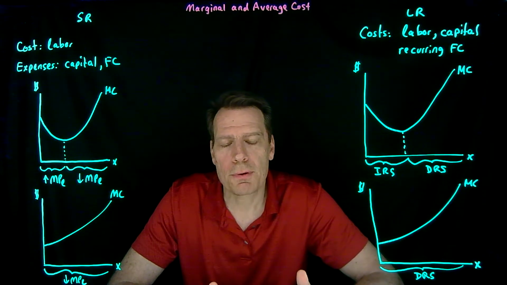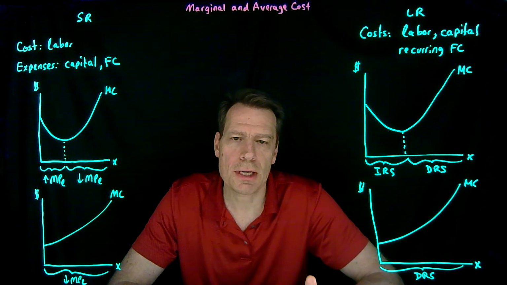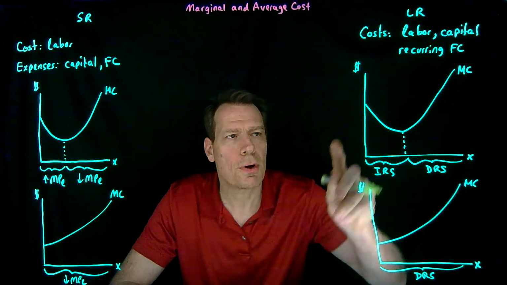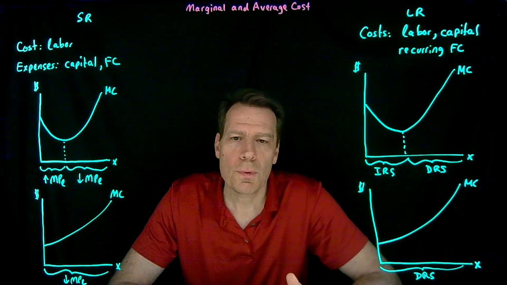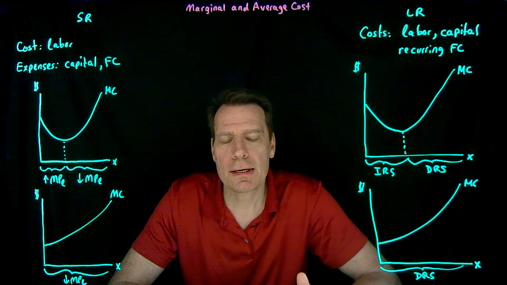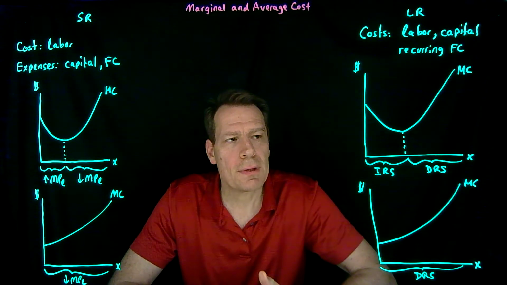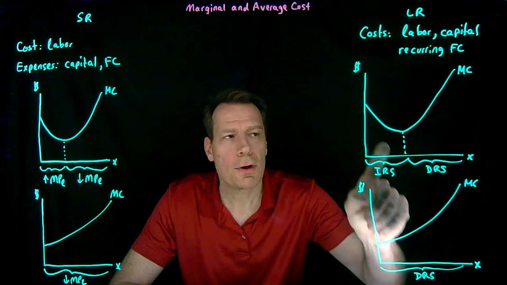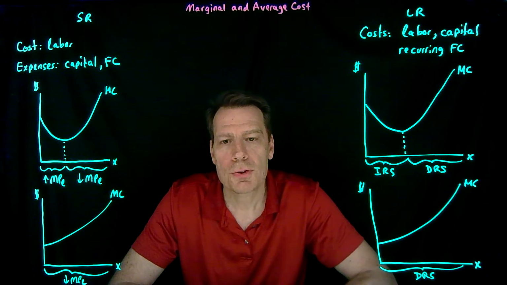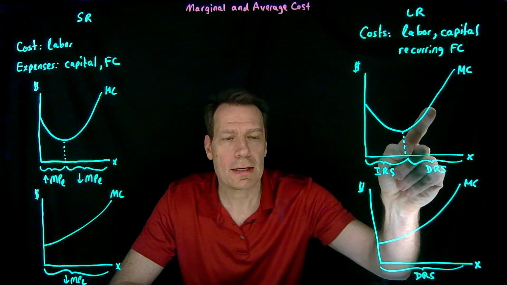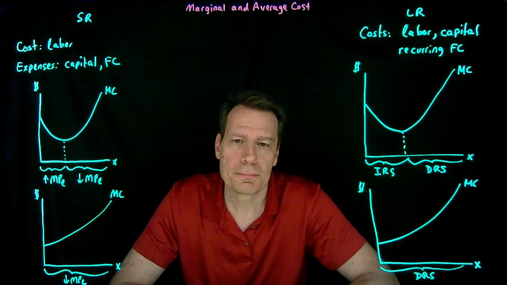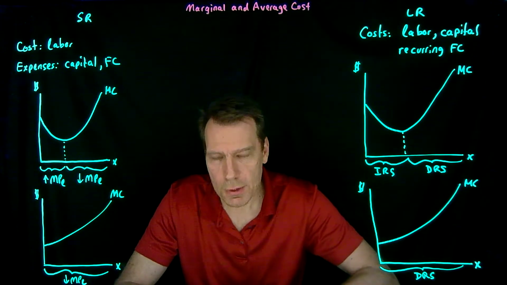Now it's also possible for a firm to have increasing returns to scale throughout, which would mean the marginal cost keeps falling. But that's inconsistent with a price-taking firm. A price-taking firm is small, and a firm that has increasing returns to scale throughout would become very large. So for now, we're just going to assume that our long-run marginal cost curves either take this shape or this shape. Now what about the average cost?